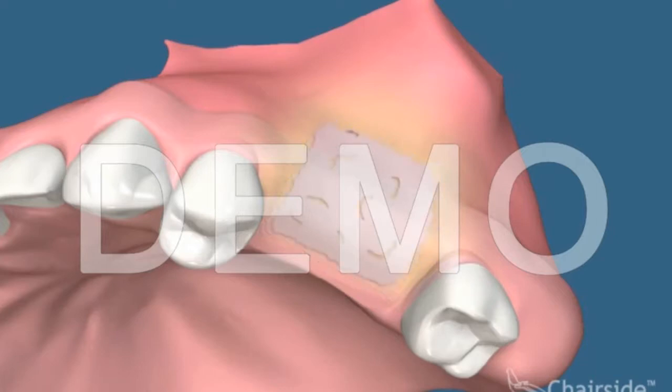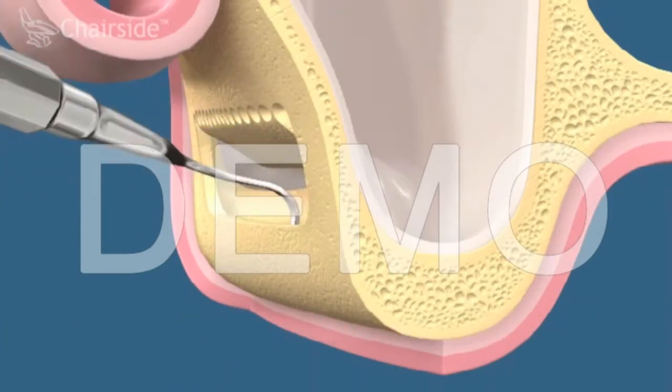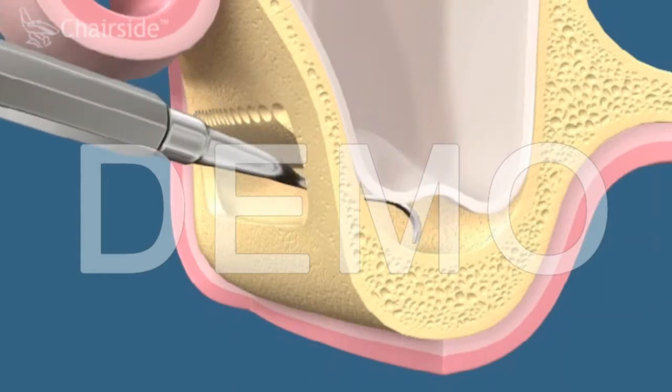New patient bone will then fill all the voids and replace the artificial bone. In about 7 months, 70% of the bone placed could be replaced with the patient's own new bone. The membrane will fold over itself as it is being lifted, creating a barrier as well as covering small perforations.